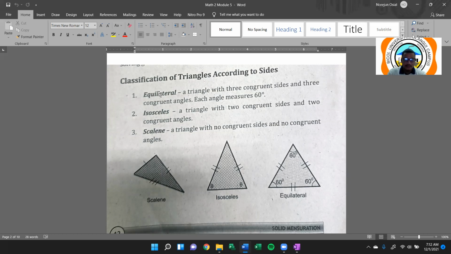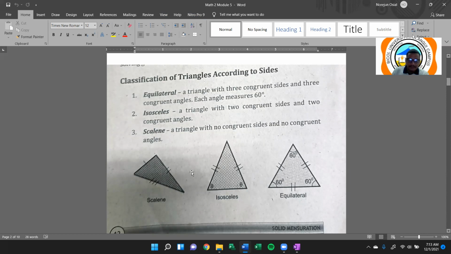But basically, an equilateral triangle is a triangle with three equal sides. Next, an isosceles triangle is a triangle with two congruent sides and two congruent angles. Here, as you can see, these two sides are congruent, and their opposite angles are also congruent or equal.